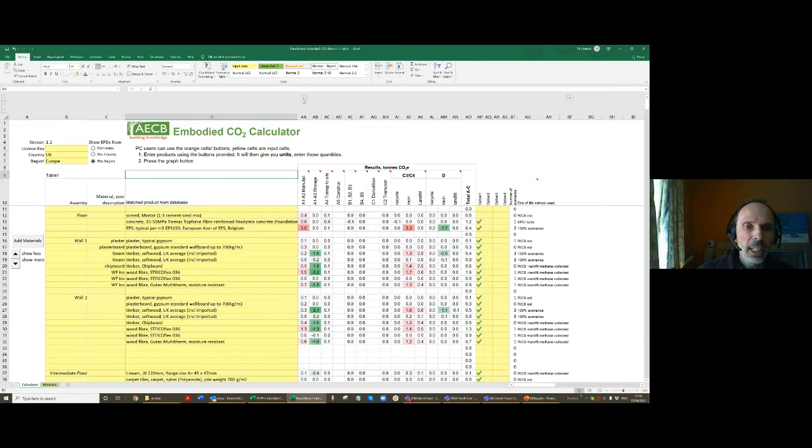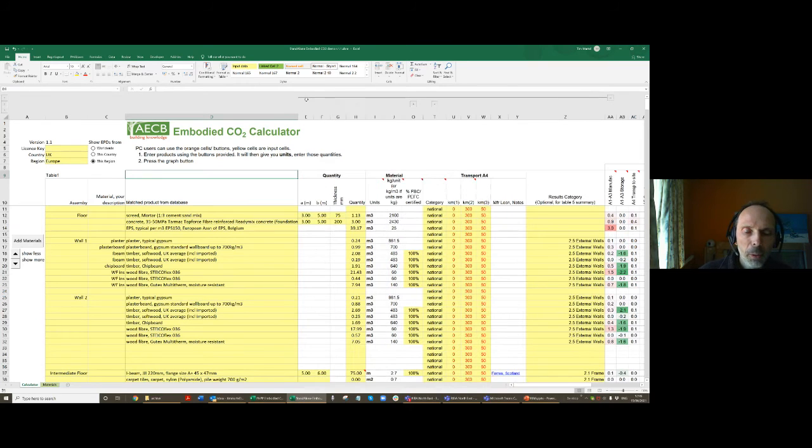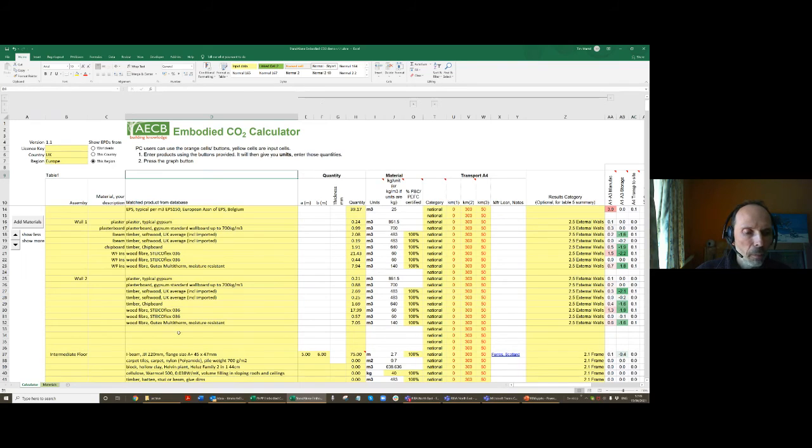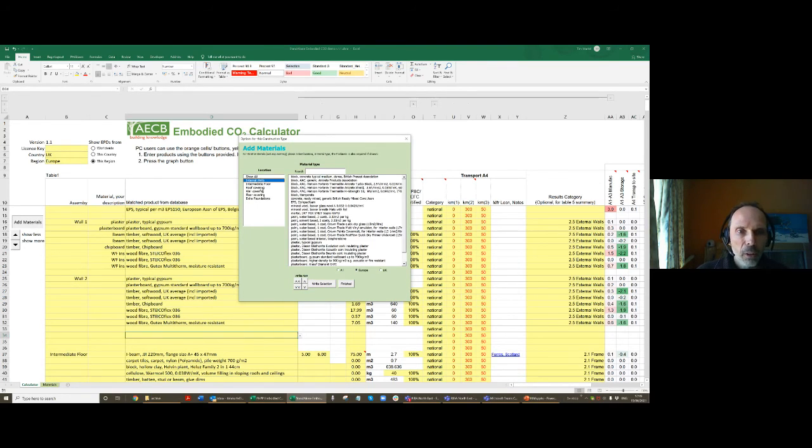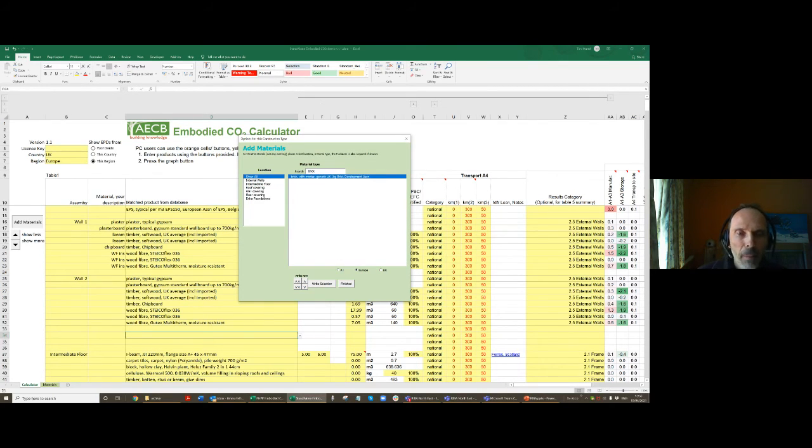In the detailed view, you get more information about the quantities, and the quantities are quite important, because if you select a material, say we add a material here, we can select a material that's appropriate for a particular location, like the intermediate floor, the roof covering, extra foundations. We can select something from there, or we can just show all, or we can just enter something. So if we entered brick, for example, then we would find one material like that.